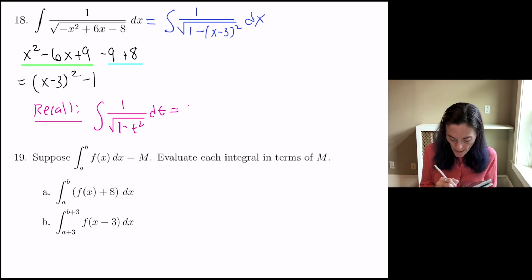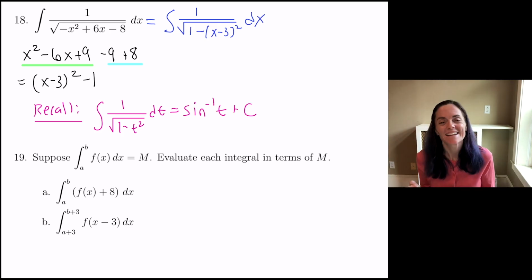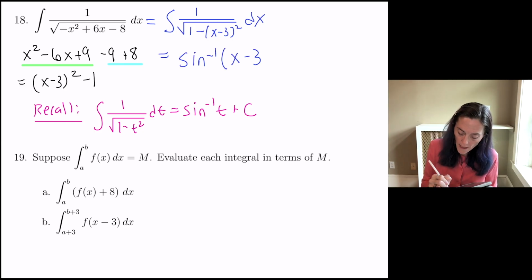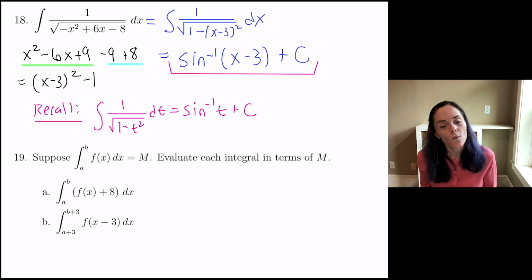This would be sine inverse of t plus c. All right, so using this, you notice we have the sine inverse of x minus 3 plus c. Always lovely to think about the sine inverse.